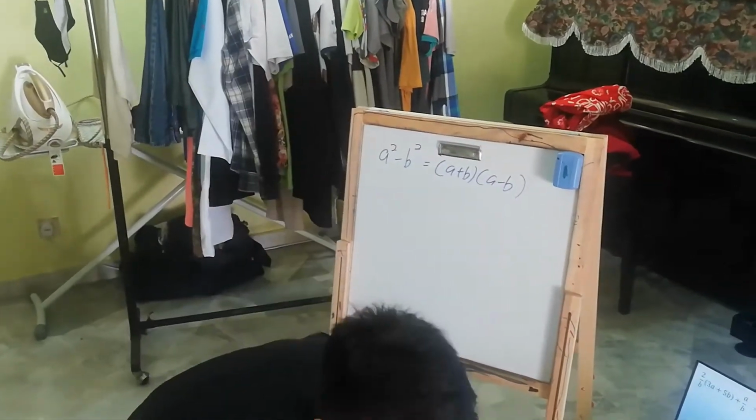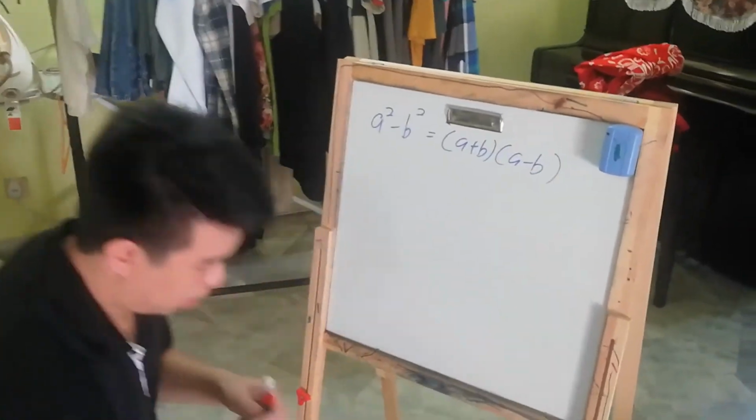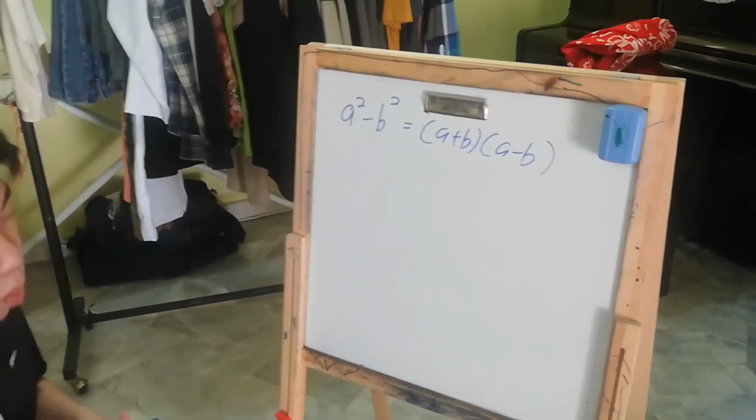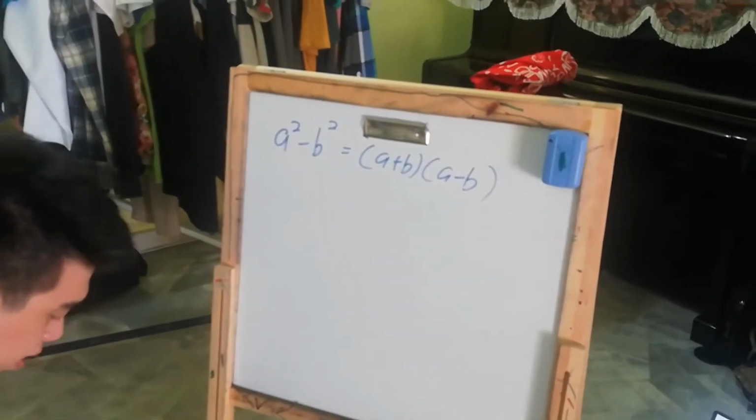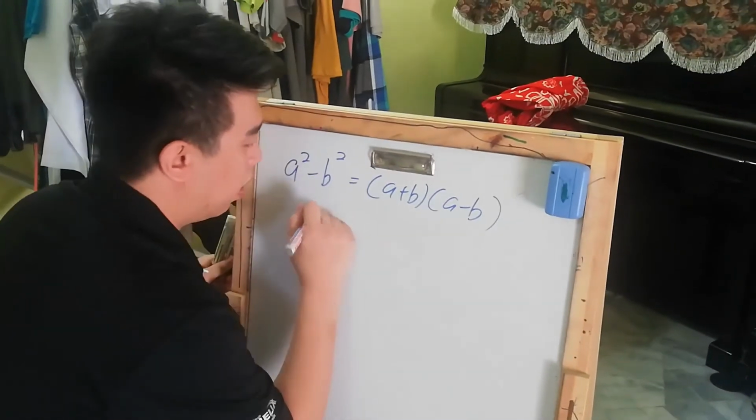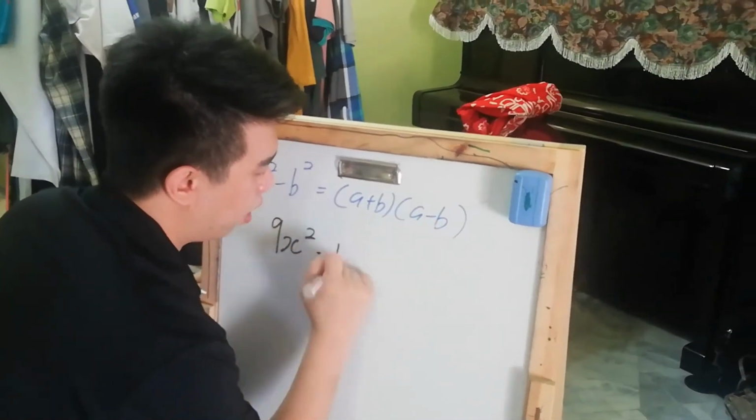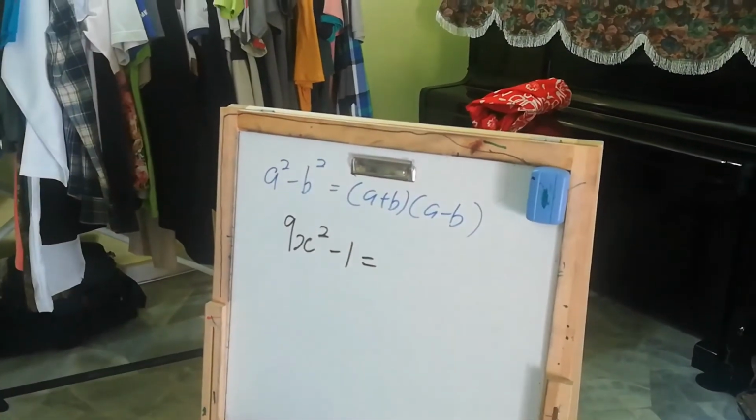Okay? So, I'll give you another example. What if we have 9x squared minus 1? Can we use this formula?